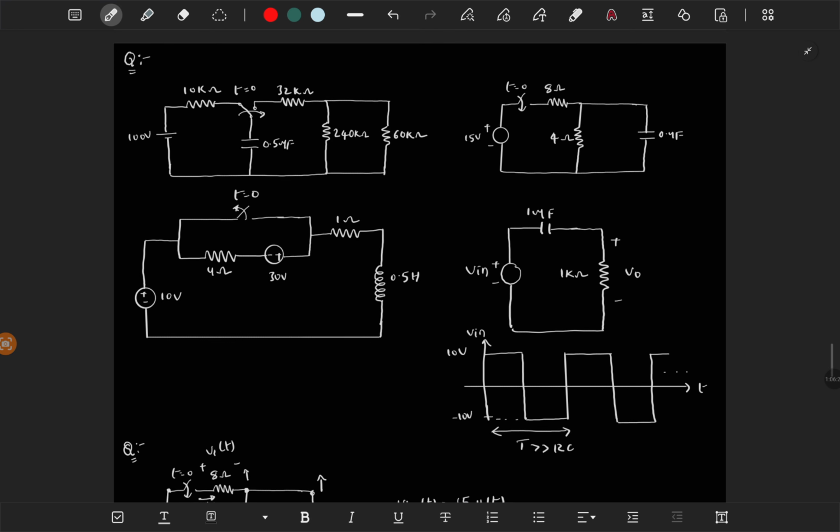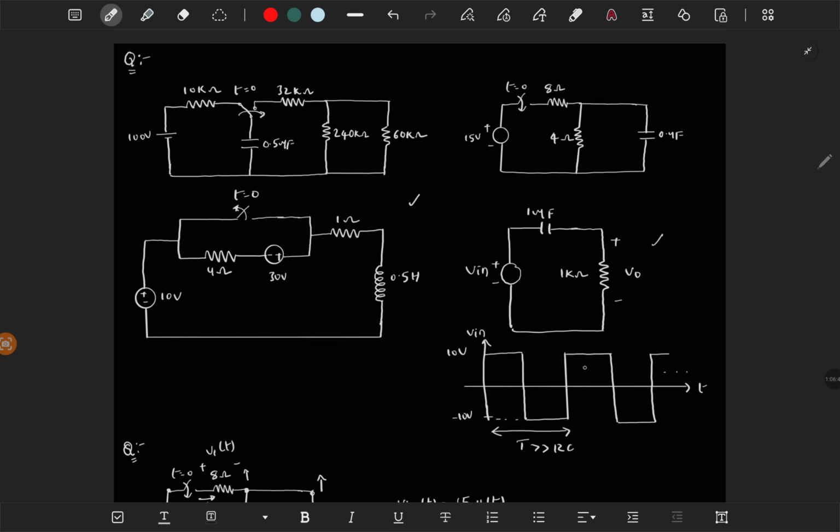If you want to do some homework problems, you can solve these two circuits, this one and this one. Here I'm giving a square input. This we can solve in the next class.